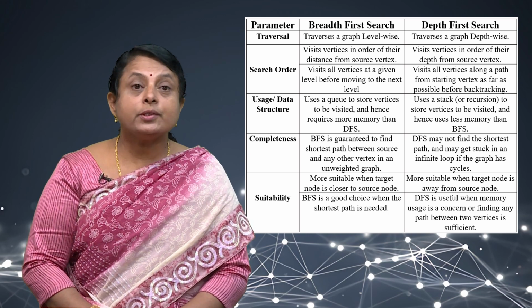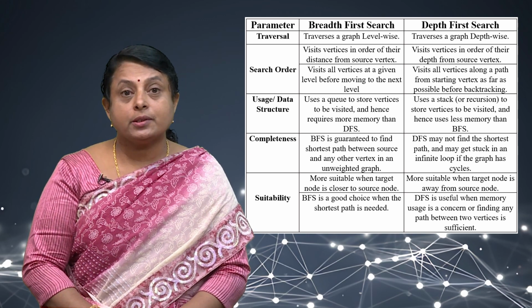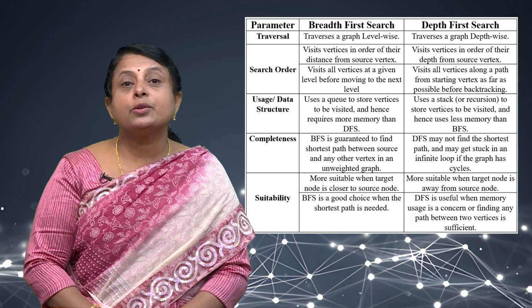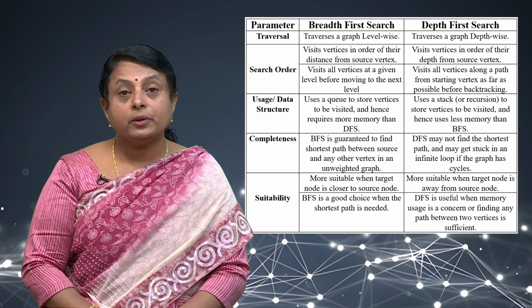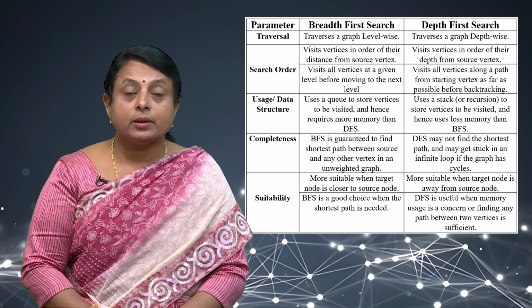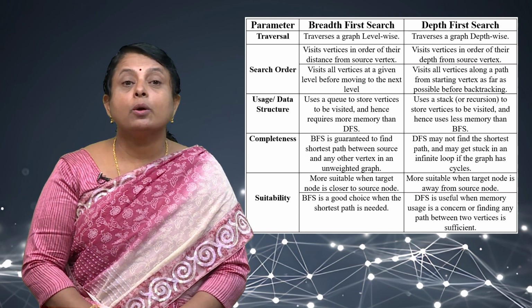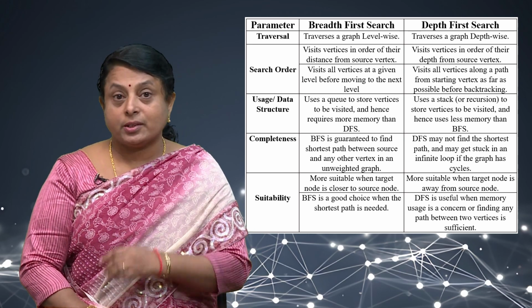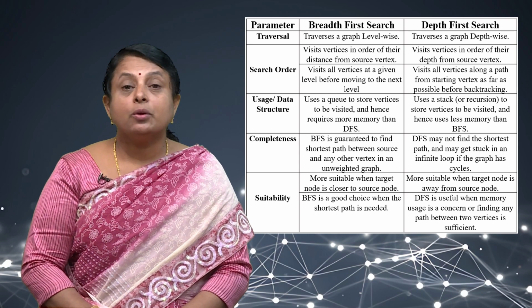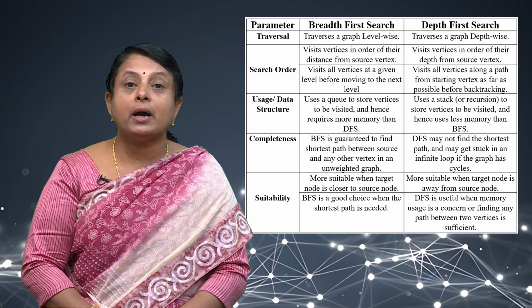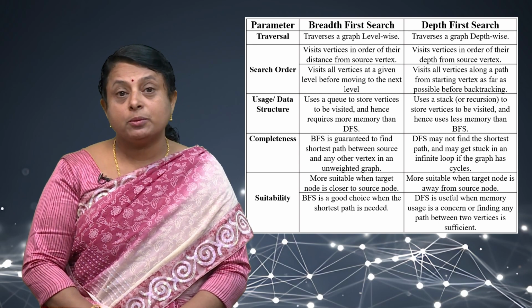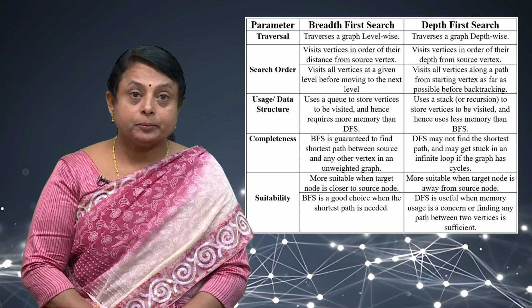BFS visits nodes in order of distance from the source node. DFS visits nodes in order of their depth from source vertex. BFS visits all nodes at a given level before moving on to next level. DFS visits all nodes along a path starting from the node as far as possible before backtracking.